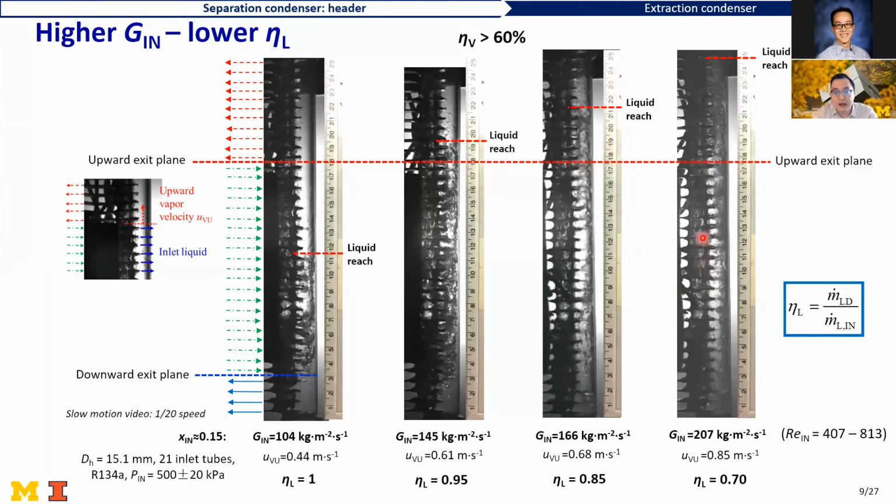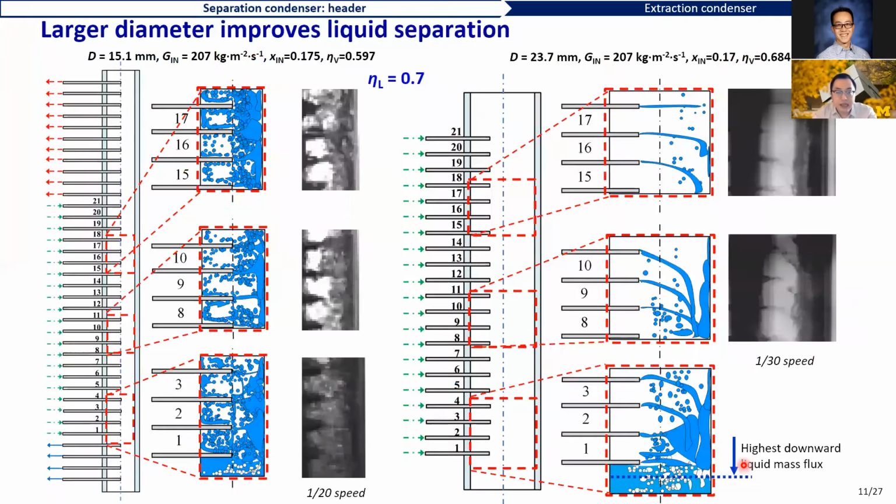Our flow visualization basically confirmed our assumption here. We see that the liquid separation efficiency drops from 1 to 0.7. And if we look at the details locally at what is happening, we can see a more interesting phenomenon.